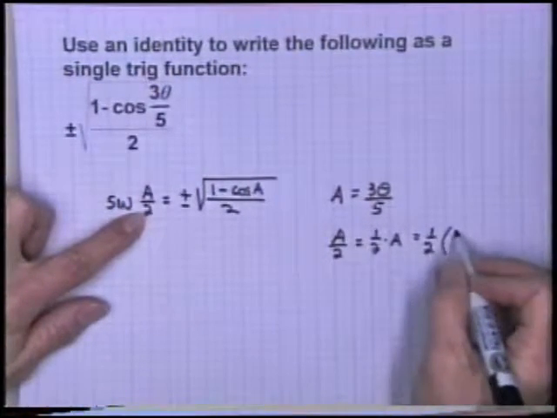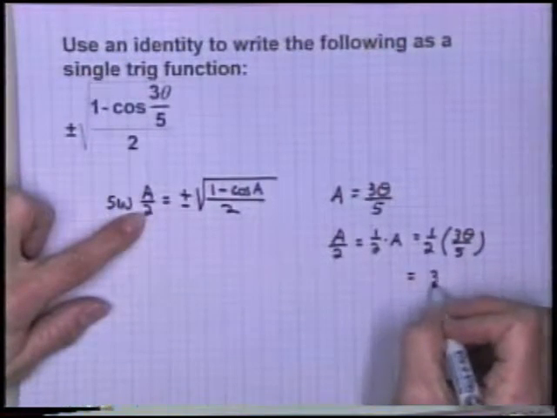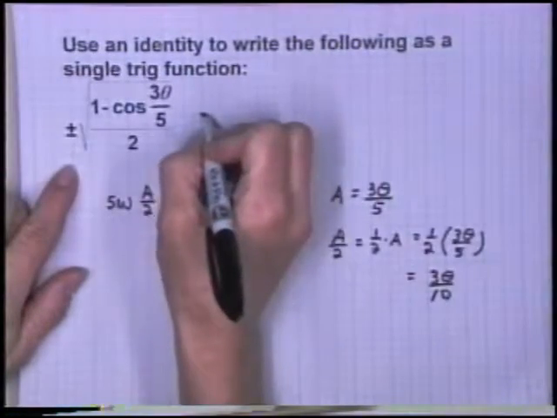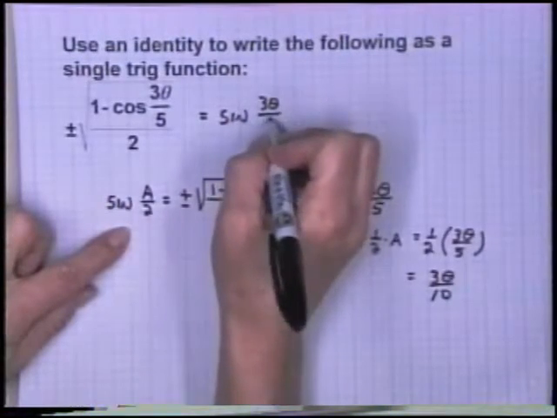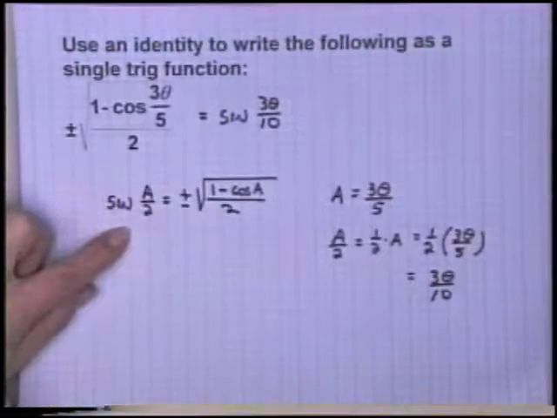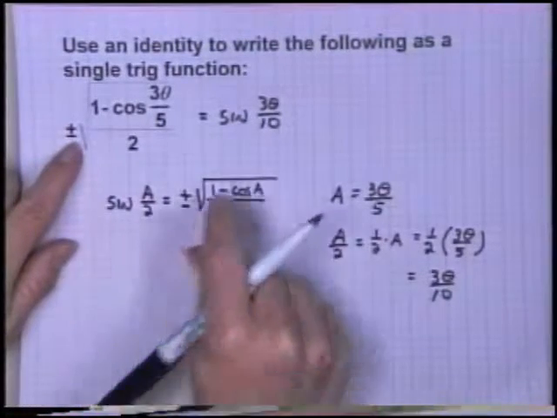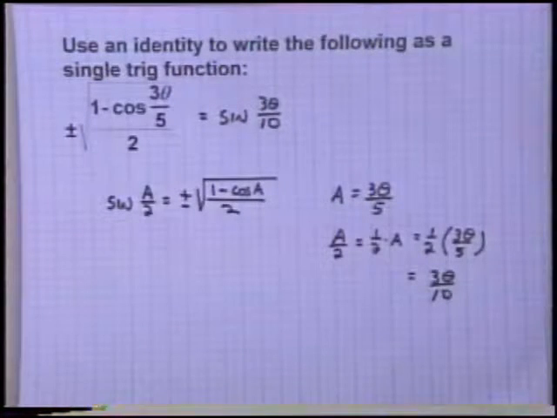Let's do it in that form. 1/2 times 3 theta over 5 is going to give me 3 theta over 10. So this is going to equal the sine of 3 theta over 10. Now you'll notice I can't decide yet about the plus or the minus because of this theta. I don't know which quadrant 3 theta over 10 would be in.